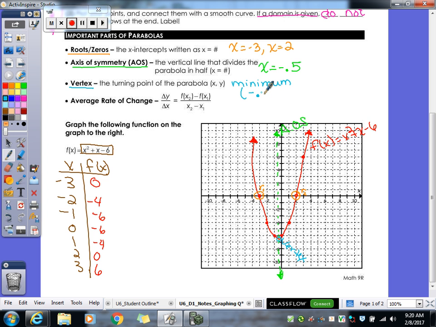And you write it as an actual point. So the x value would be negative 0.5. It's always the same as whatever your axis of symmetry value is. And the y value is approximately negative 6.25. When it's decimals like that, you're going to approximate, but it's not always going to be decimals.